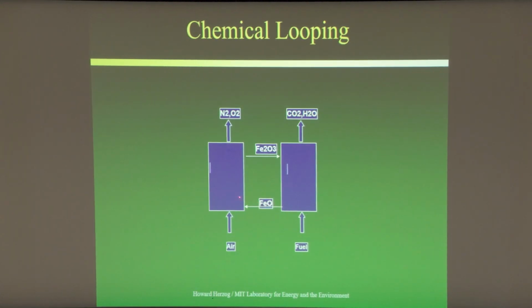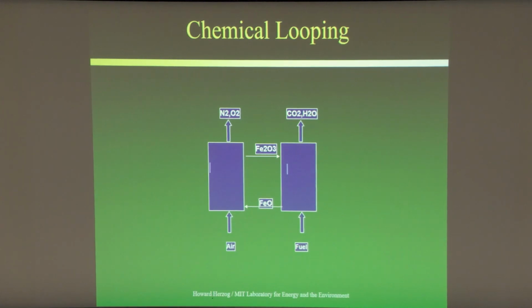Over here, when you have the reduced iron, you react it with air, and it oxidizes the iron. It releases the energy, so here's where you recover the energy from, and here's where you get your flue gas going up the stack. So, one of the keys is finding a material that you can recycle basically thousands of times and make this work.